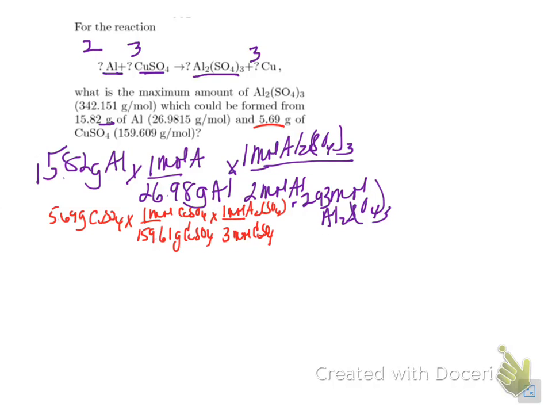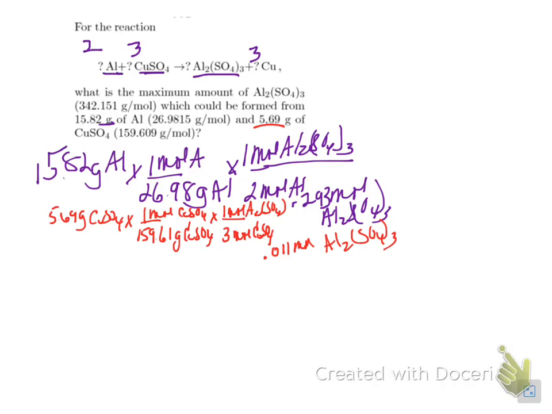So if I plug in a chunk here, I get 5.69 divided by 159.61 in parentheses times 3, and I get 0.011 moles of aluminum sulfate.